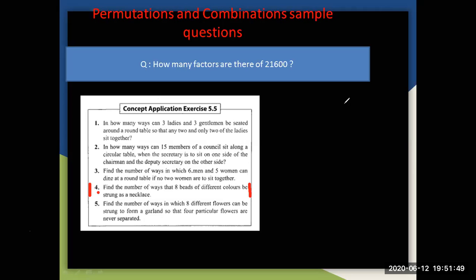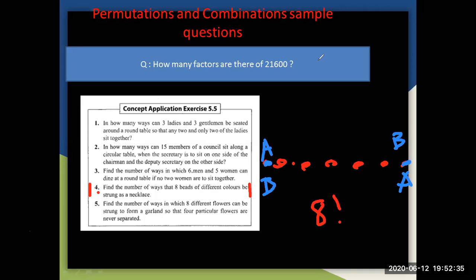Usually when we talk about circular arrangements, we have 8 factorial ways of arranging 8 beads in a line, but when we wrap it into a circle, there's also the consideration that if there's bead A on this side and bead B on this side, it doesn't matter if bead B comes to this side and bead A comes to that side.